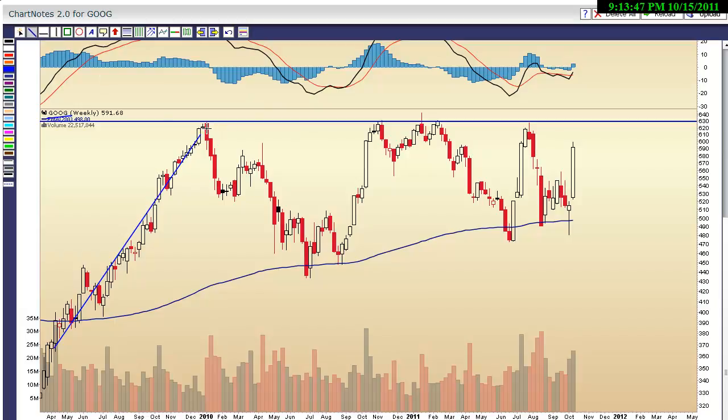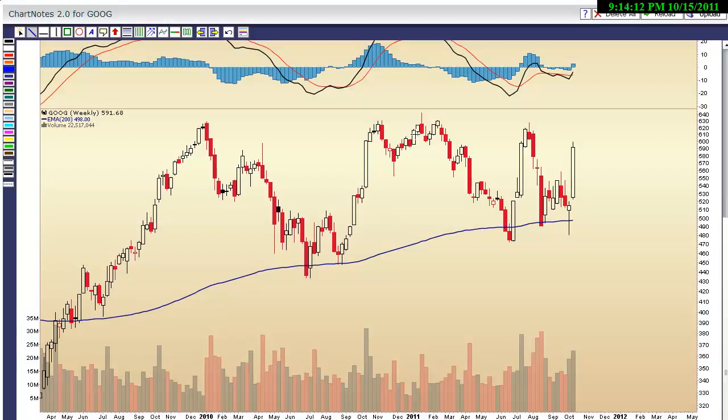So as we see, Google made its correction pattern, and it made a double bottom pattern here, or a slightly higher low, and then we started moving to the upside and made it back to this 630 level, where we once again sold off.